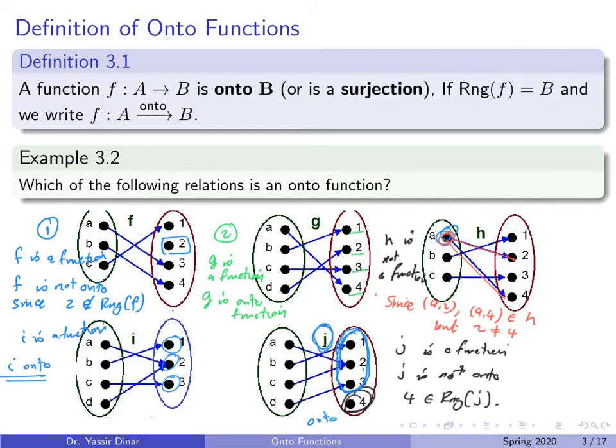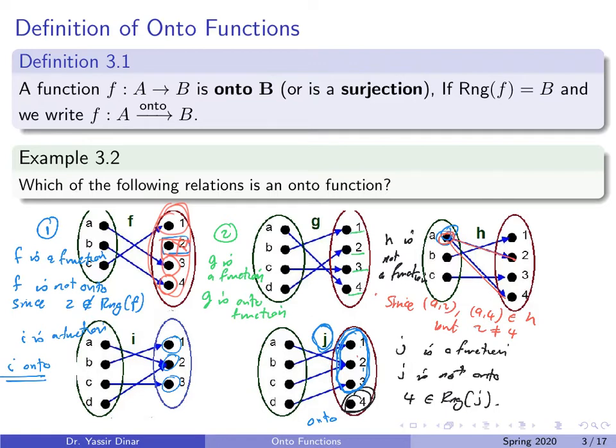The same for the first example, f. If we take 2 outside of the set and we take only the range as a codomain, then my function f will be onto. From these examples, we see that for finite relations and finite functions, it is very easy to see or to find if the function is onto.